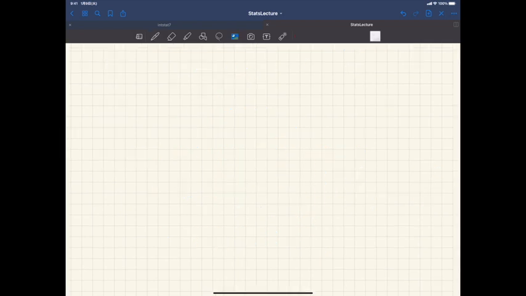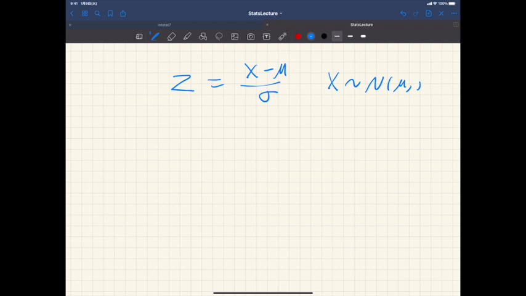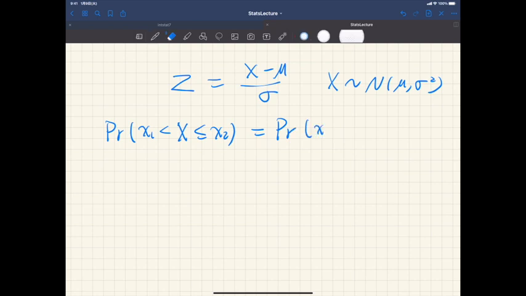So the point is, if we transform a normal random variable by this transformation, where x follows the normal distribution with mu and sigma squared, then we can calculate any probabilities related to this random variable x in terms of the standard normal distribution.